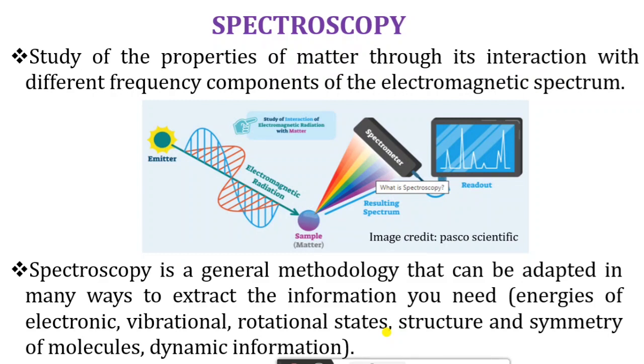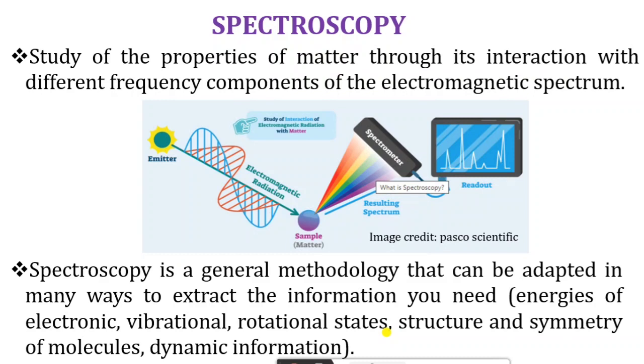Based on what kind of electromagnetic radiation we are using to analyze the matter, there are different kinds of spectroscopic techniques available. Some of the common spectroscopic techniques we adopt are as follows.